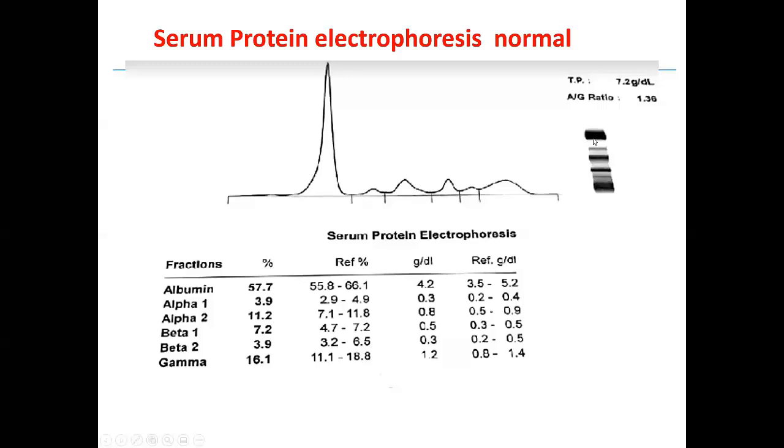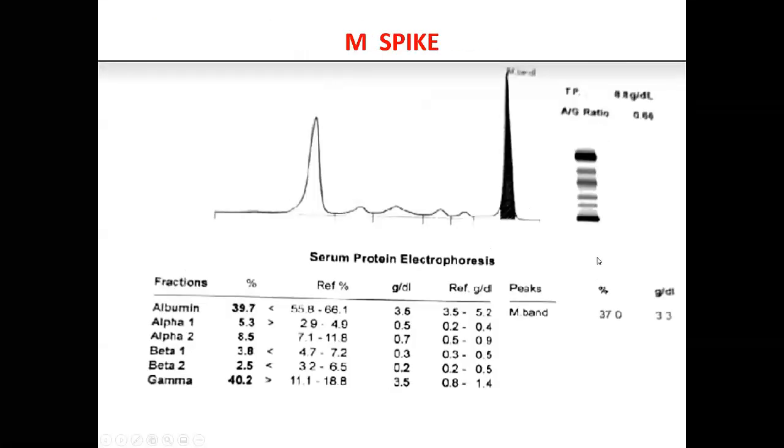So this is albumin, alpha 1, alpha 2, beta 1, and this is the gamma globulin. Now what we always say is the AG ratio. We calculate albumin upon globulin, the AG ratio, which comes to 1.36 in this particular case, which is a normal serum protein electrophoresis, and that is the normal ratio.